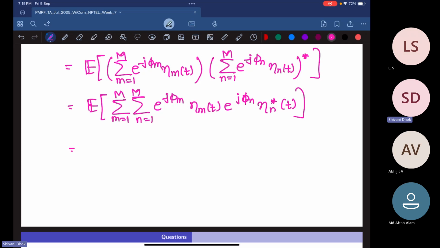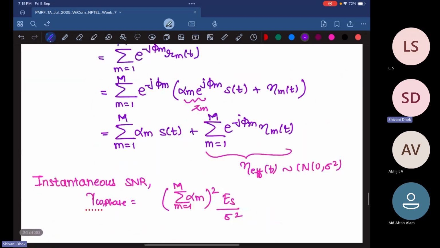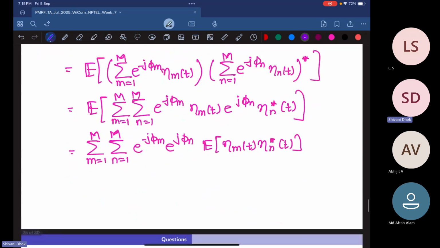Now I can push this expectation inside, so we get the terms with e power minus j phi m and e power j phi n times expectation of eta m of t into eta n conjugate of t. Now these noises eta m and eta n are independent if m is not equal to n. So now there are two cases.